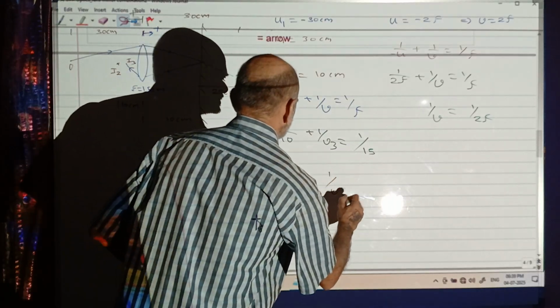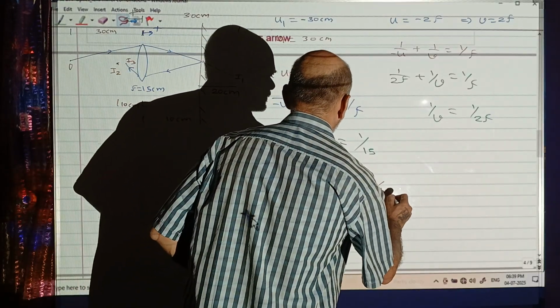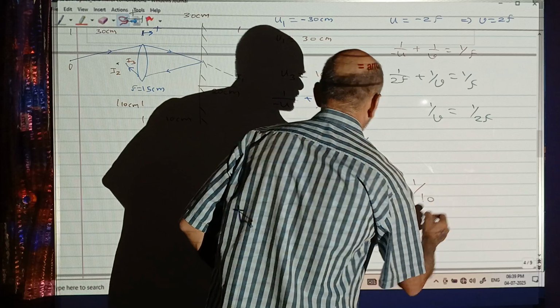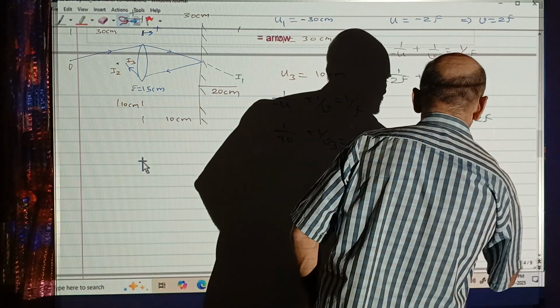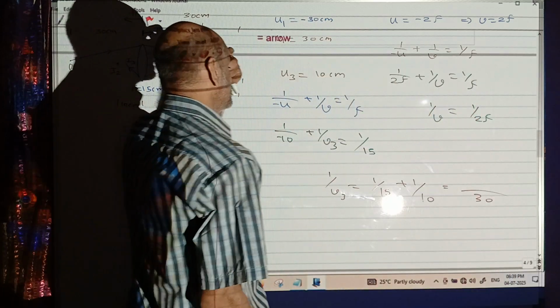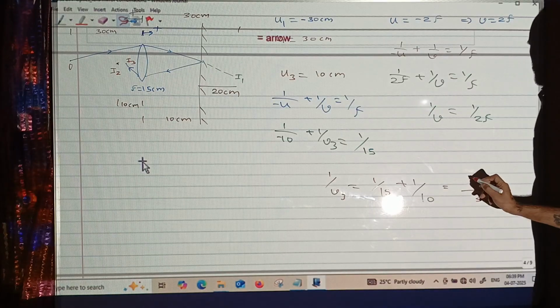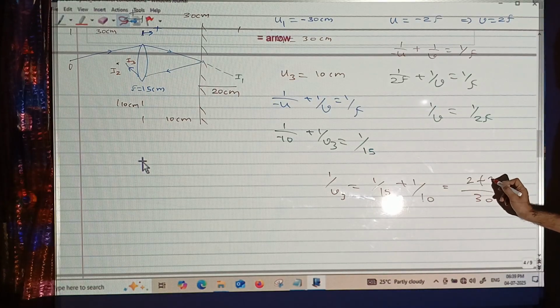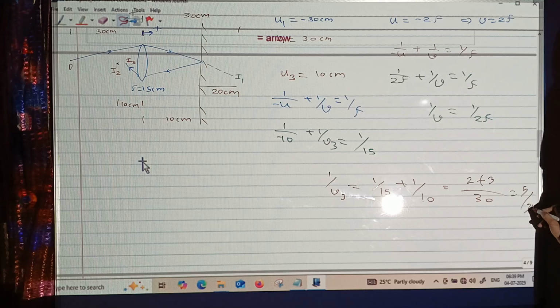So 1 by V3 is 1 by 15 plus 1 by 10, LCM 30. So do 2 plus 3, 5 by 30 is 1 by 6.